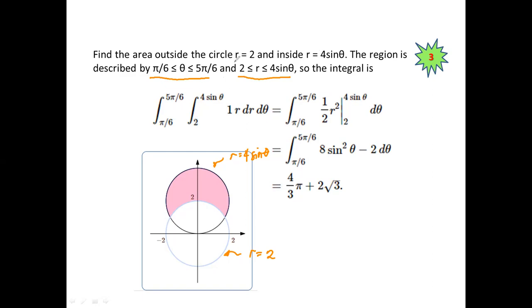So you equate this r and this r expression here. So I will illustrate it here. You have 2 is equal to 4 sine theta. Okay, we equate the two r's. You divide by 4 on both sides. That would be 1/2 is equal to sine theta. Then theta is equal to pi over 6.